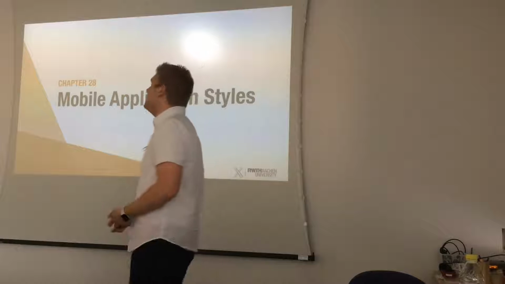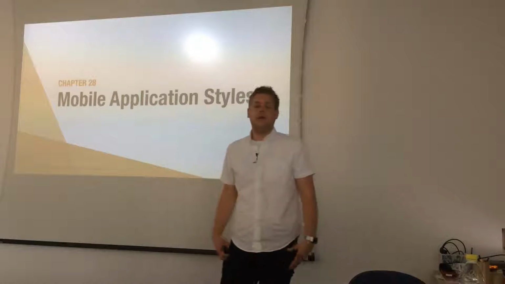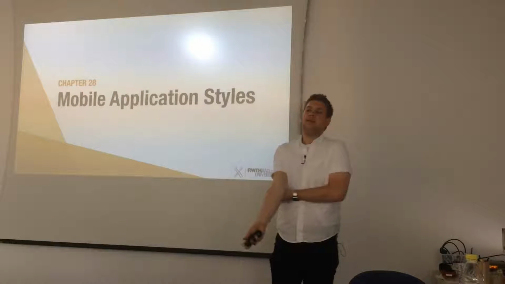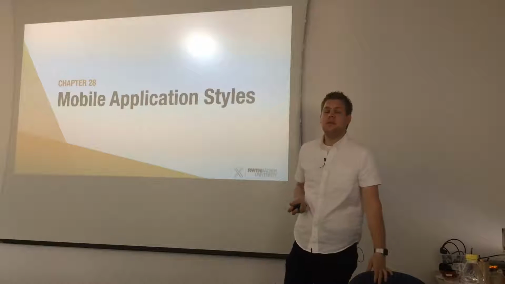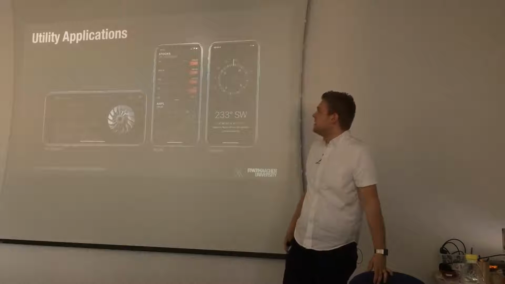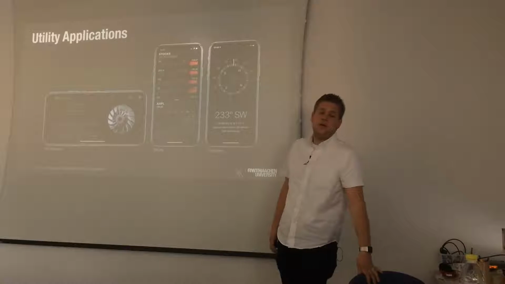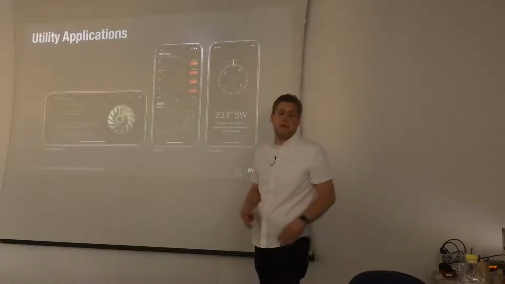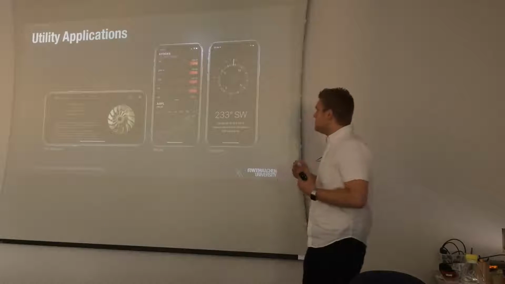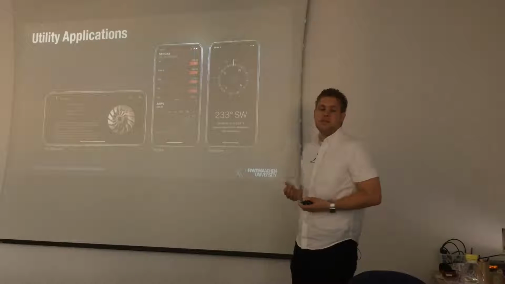What are actually the mobile application styles that we find? We can divide apps into 3 different categories. The first are utility applications. Utility applications are things that help you with a very simple task.